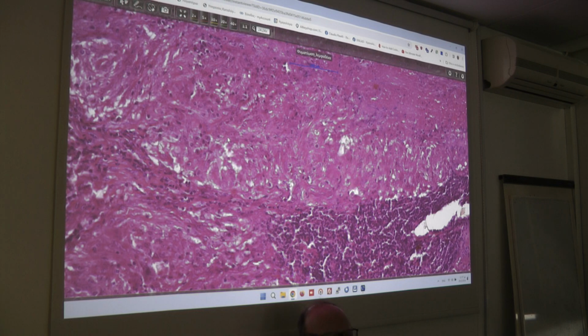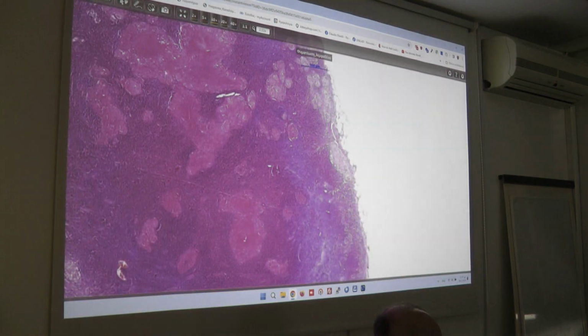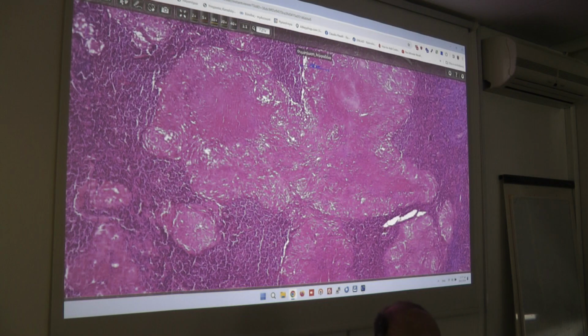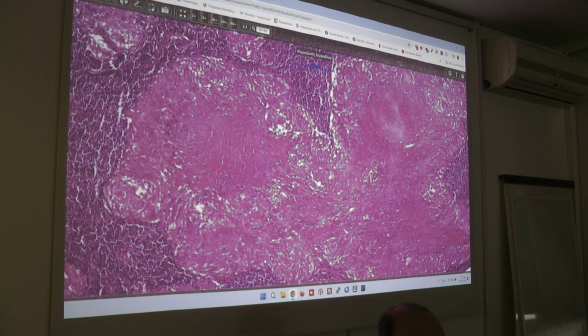Most probably Mycobacterium tuberculosis, sarcoidosis, and probably leprosy. So, another finding within some of these granulomas is what they have at their centers.